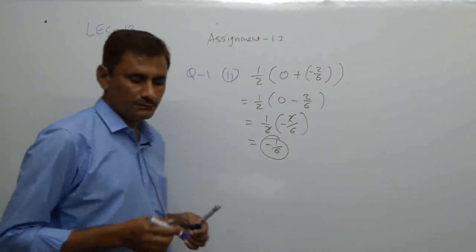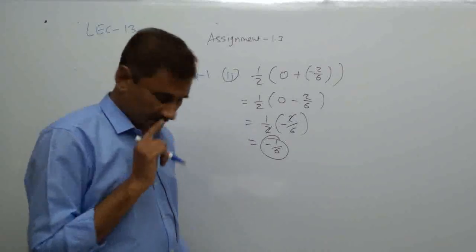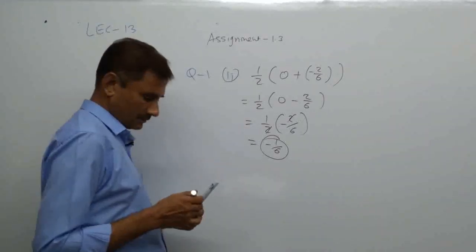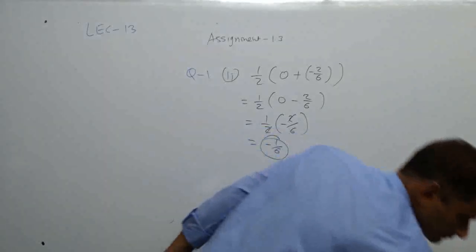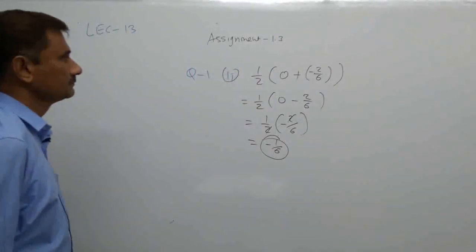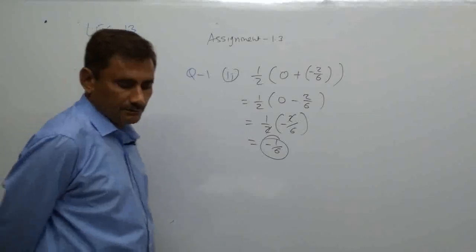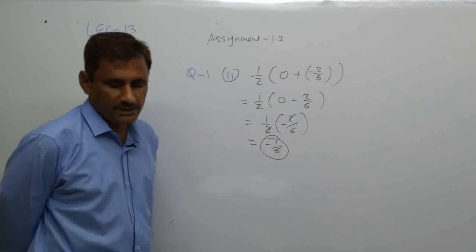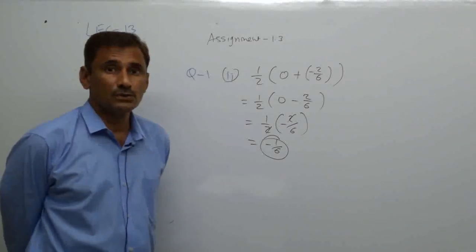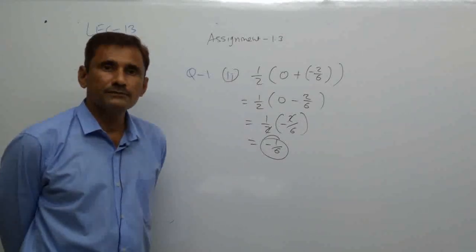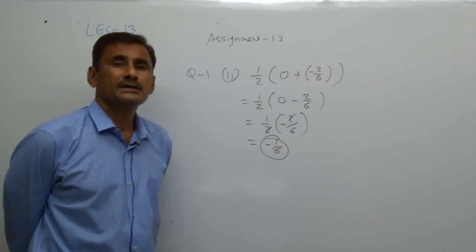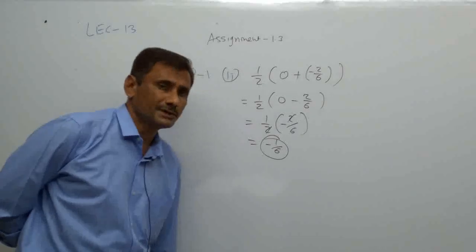We already talked about the first. Now look at number 3. The number of rational numbers between minus 5 by 9 and 5 by 6: as I told you, if two distinct rational numbers are given, then there are infinitely many rational numbers between them.